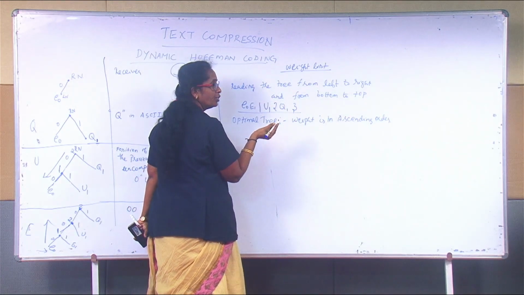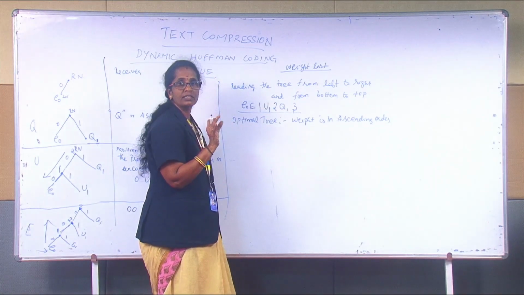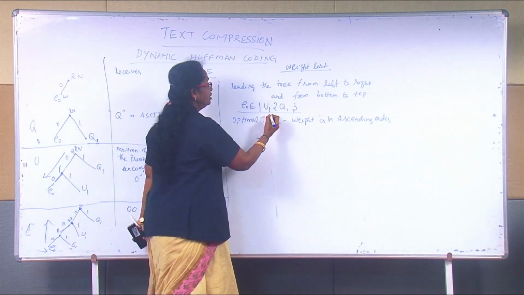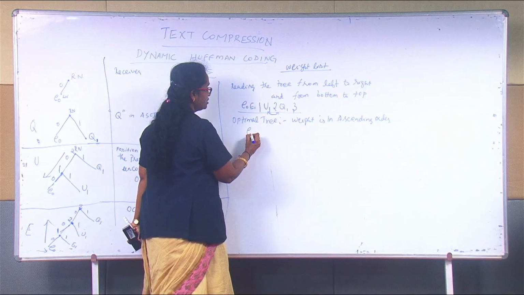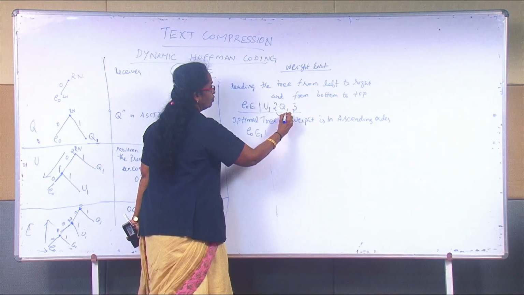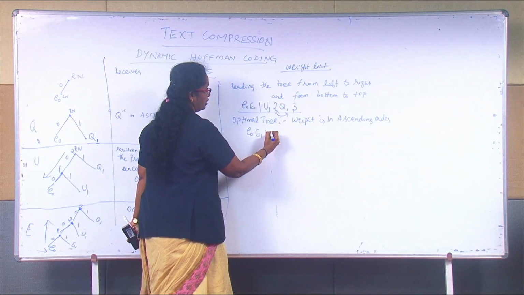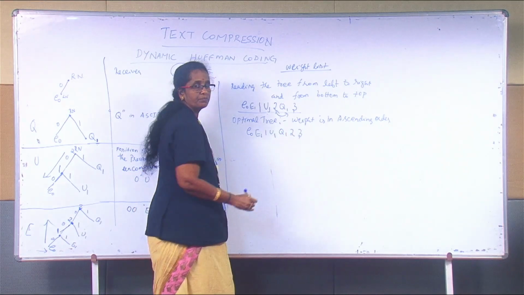No. Therefore, you need to do the swapping. With a minimal number of swaps, it has to reach the optimal weight condition. Therefore, 2 and U1 are swapped. The optimal weight list is E0, E1, 1, U1, Q1, 2 and 3.